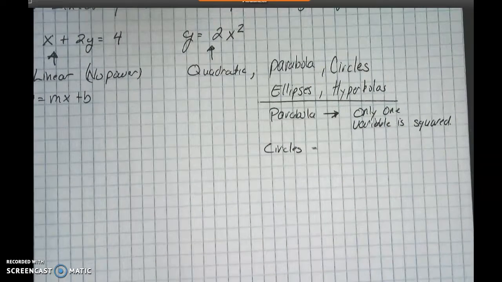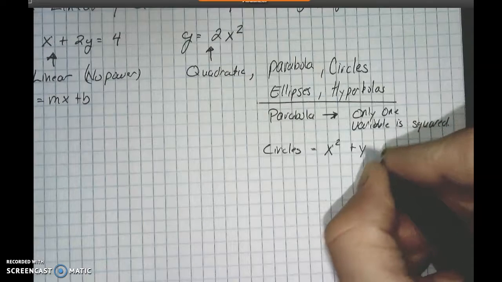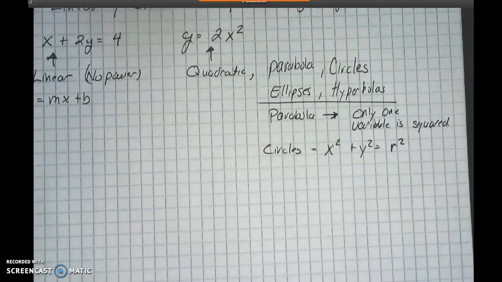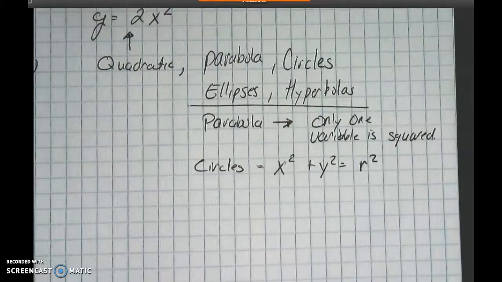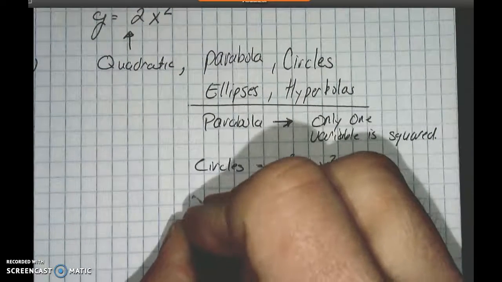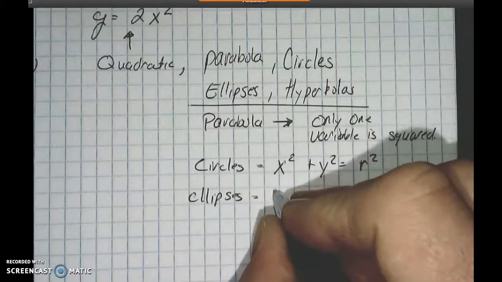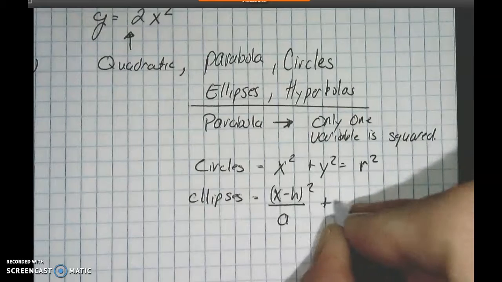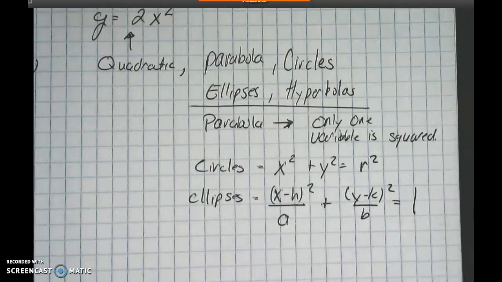So now circles, we're going to have something like x squared plus y squared is equal to r squared, right? That's if it's centered at the origin. So then we've got a parabola, we've got the circles, and then we have our ellipses. And our ellipses, if you remember, we've got x minus h squared over a plus y minus k squared over b is equal to 1.